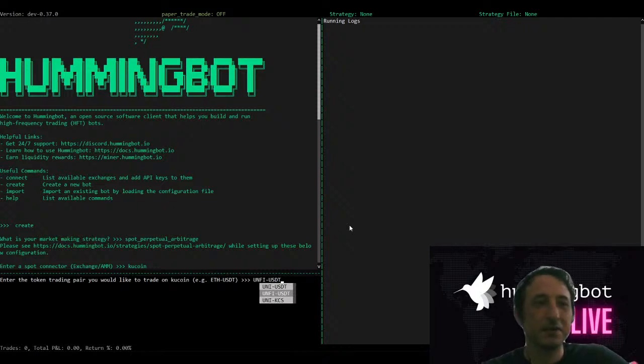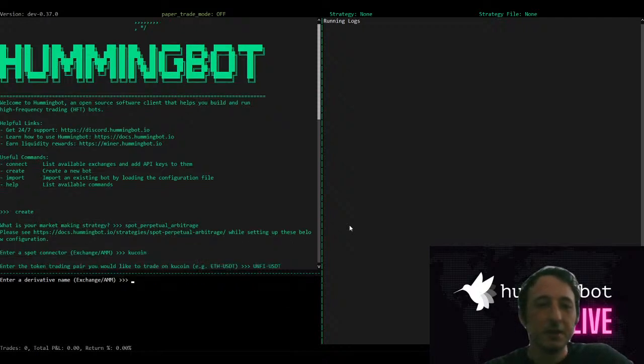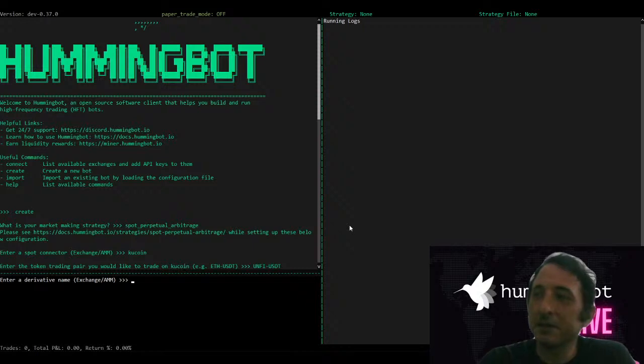Yeah, I'm able to create it right now. So I'm going to use this market as an example. There's no reason, just a random pick I did today. After choosing the connector, the exchange and the market for the spot, next we choose the derivative market we're going to use.